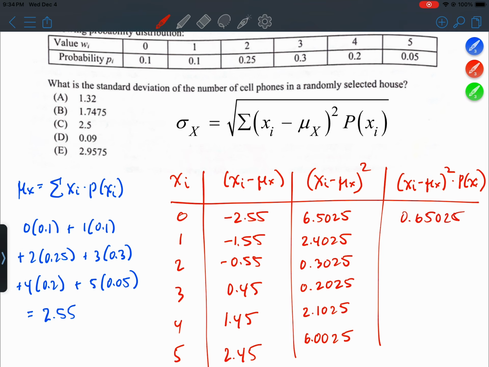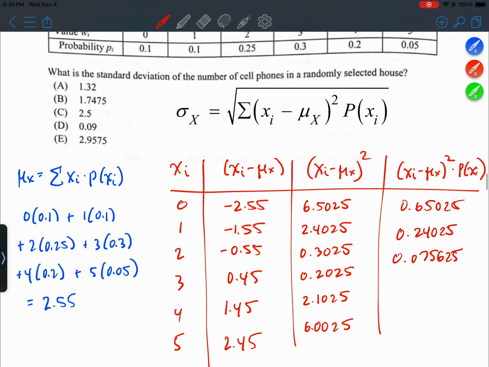The next one, that's going to be this number times that probability. It's 0.24025. All right, next it's this times that probability, 0.075625. If you've stayed with me during this video, hopefully you realize now why it's not a good idea to calculate this by hand. You'd spend like half the test just on this one problem.